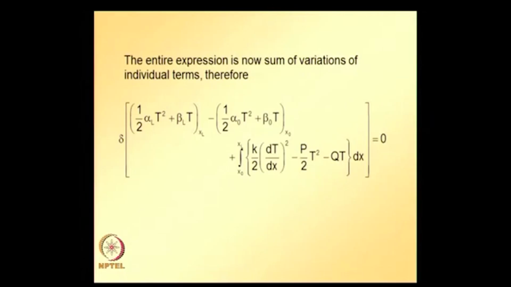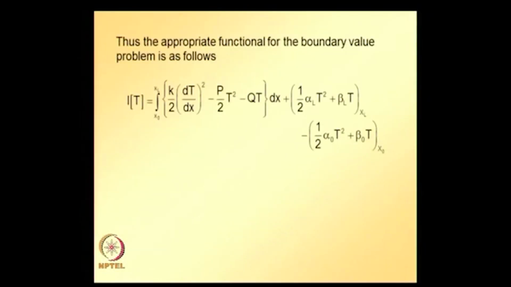So whatever is there inside the square bracket, that is equivalent variational functional. So the appropriate functional for the general one dimensional boundary value problem is given by this.